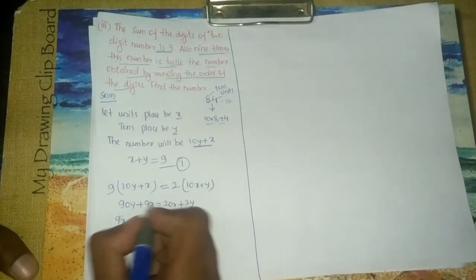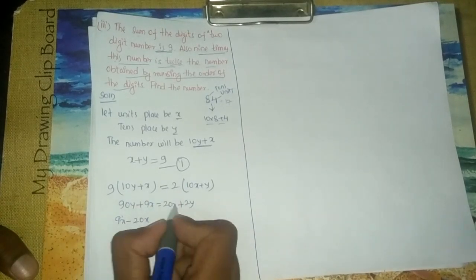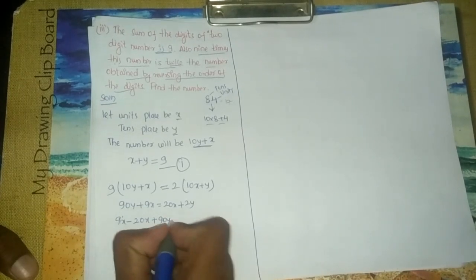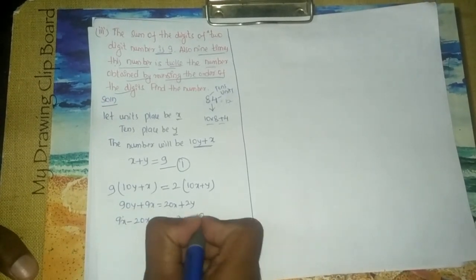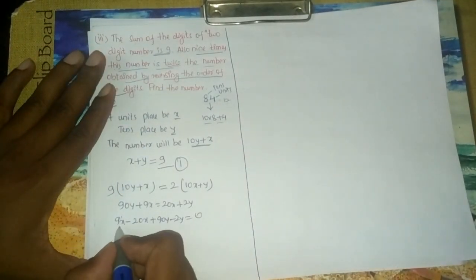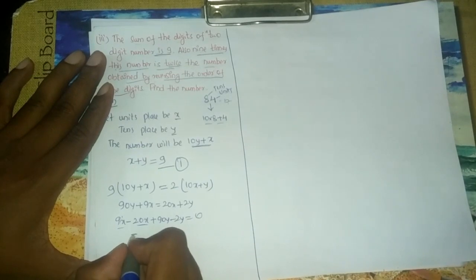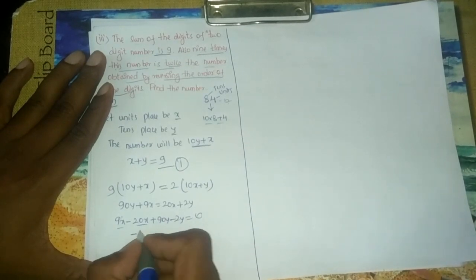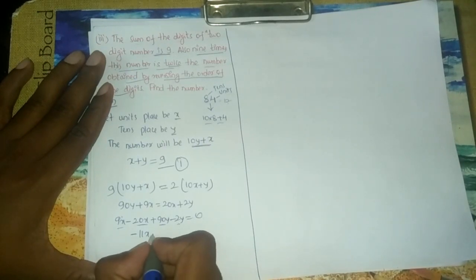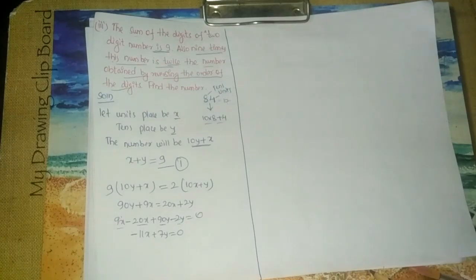9x minus 20x plus 90y minus 2y equals 0. So 9x minus 20x will be minus 11x, and this will be plus of 88y equals to 0.